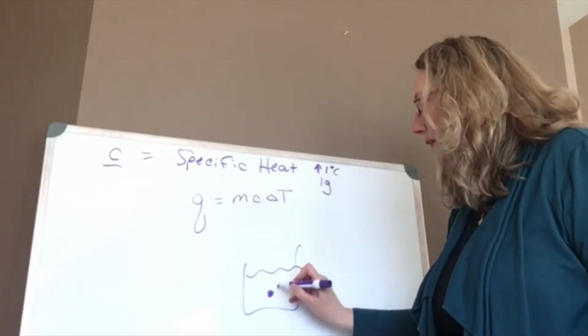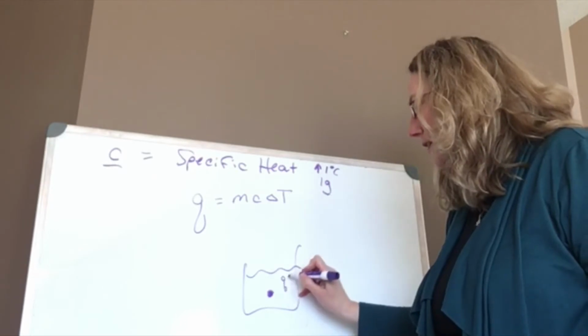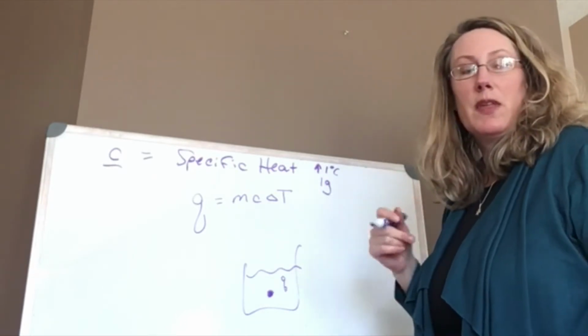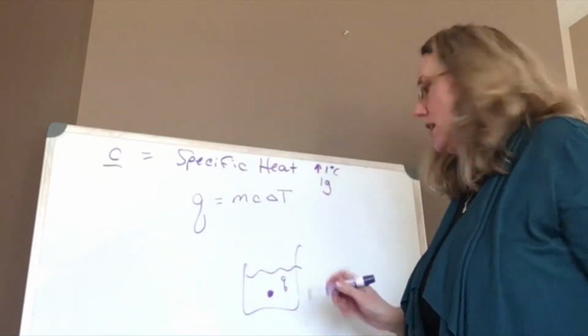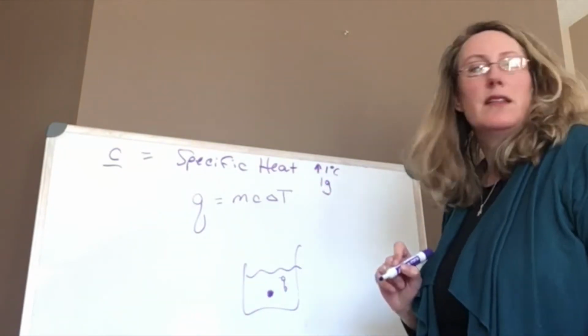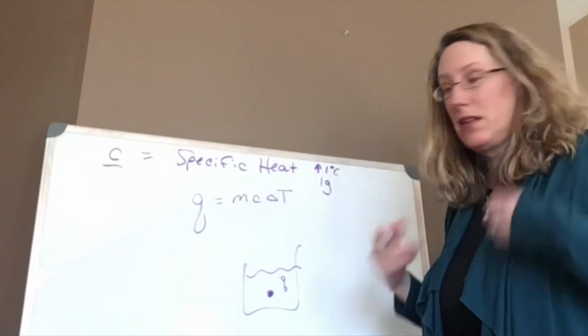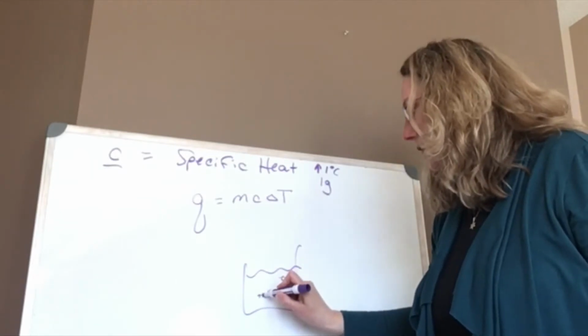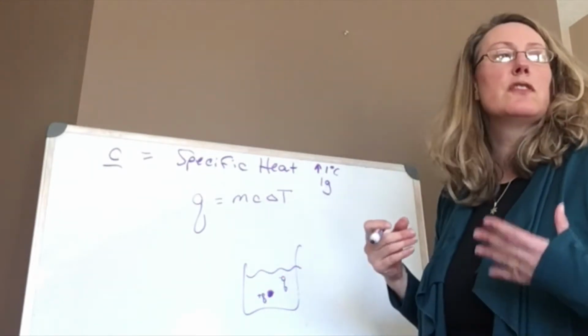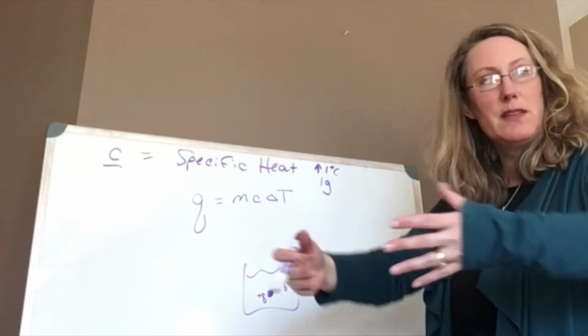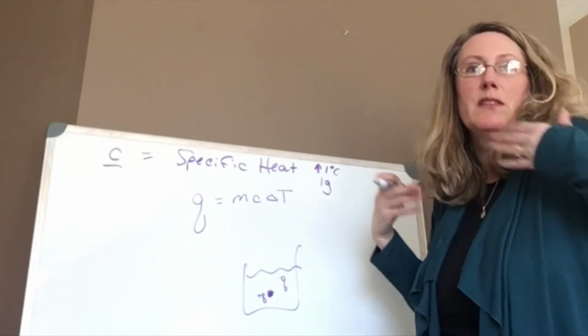Q is going to be the heat that is in the pot. So if something is giving off heat, it's going to be negative Q, and if something is gaining heat, it's going to be plus Q. Okay, so Q is just the heat. Negative means it's coming off, positive means it's going in.